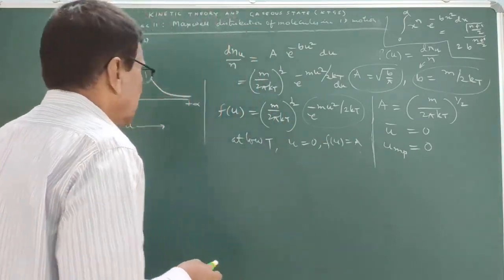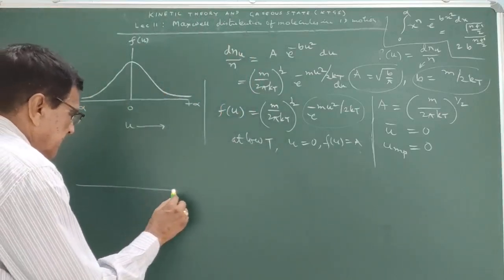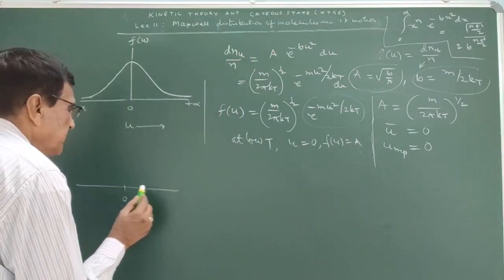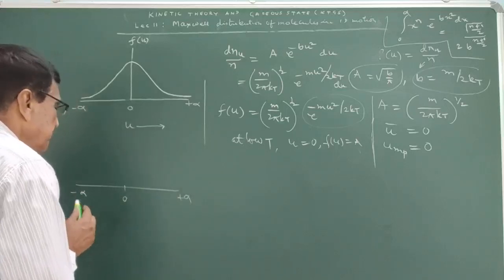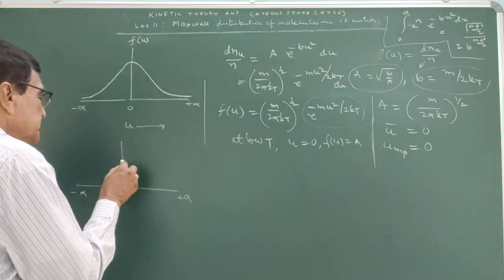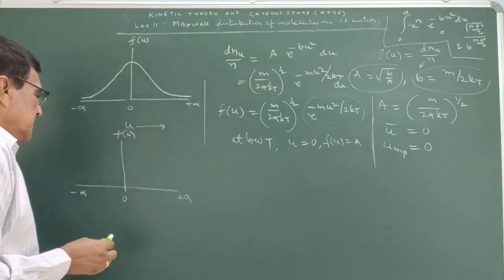So if we draw here also another curve, this is 0, plus infinity and minus infinity, and here it is f(u). f(u) means distribution function.